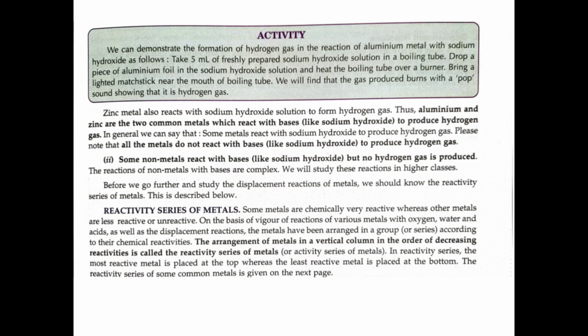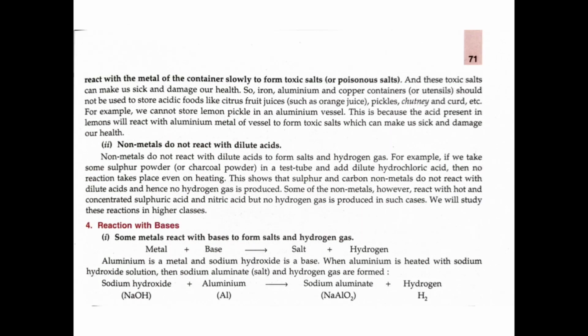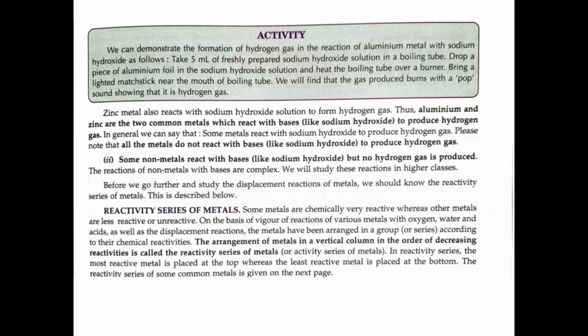So these two metals are an exception. Some metals react with bases, and these two are those metals. Aluminum and zinc are two common metals which react with bases to produce hydrogen gas.